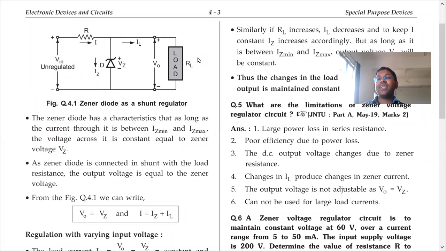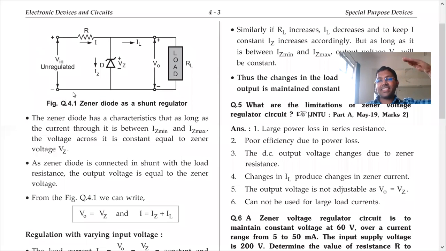Standard process in any subject: say you want to study the effect of variation of one entity, then you have to consider the case where the other entity is constant. Suppose, to study the effect of change in RL, you will consider the case when Vin is constant. If both are changing, you can't figure out what is happening. That is the standard process.